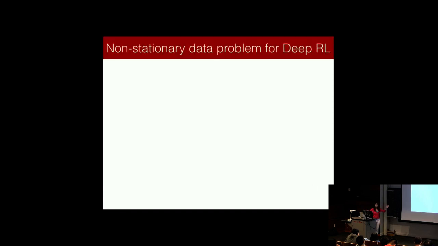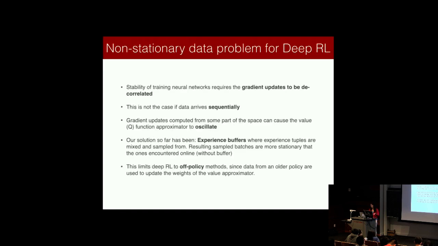So we have already said that the fact that the data is non-stationary was a big problem, which for many years prevented researchers from training stable neural networks in deep reinforcement learning. And we said that the big contribution of the 2013 paper from DeepMind was to introduce experience buffers, where the experience from the single-threaded agent exploring the environment, whose sequential tuples are correlated, will all be thrown in this experience buffer and sampled.